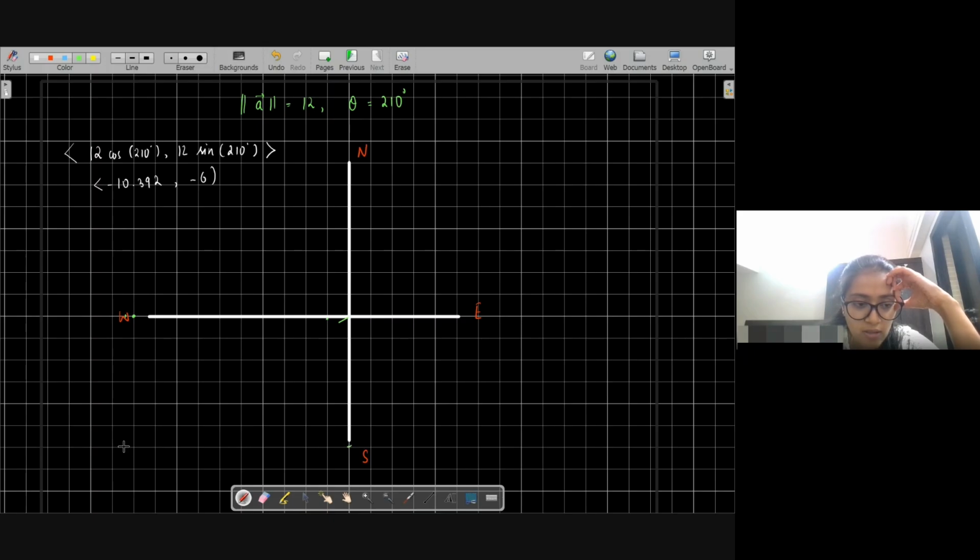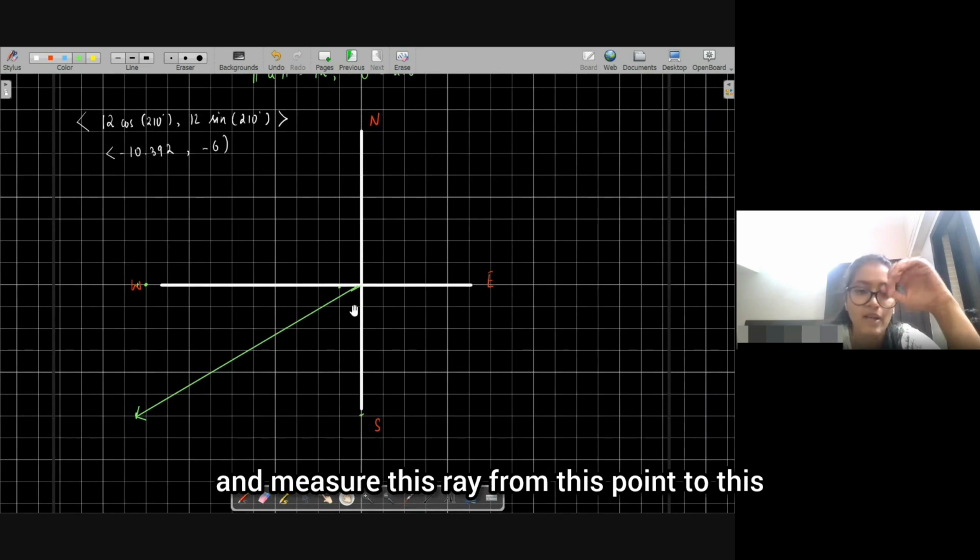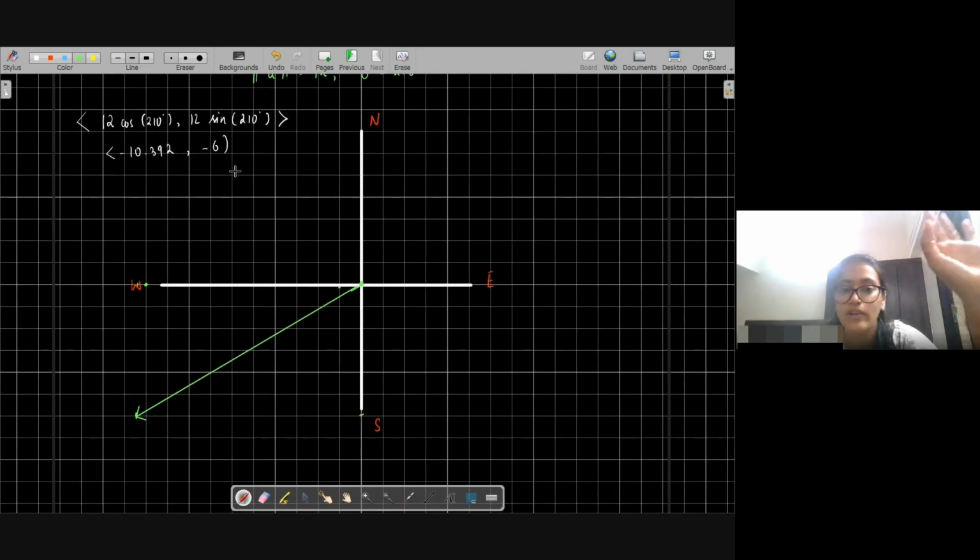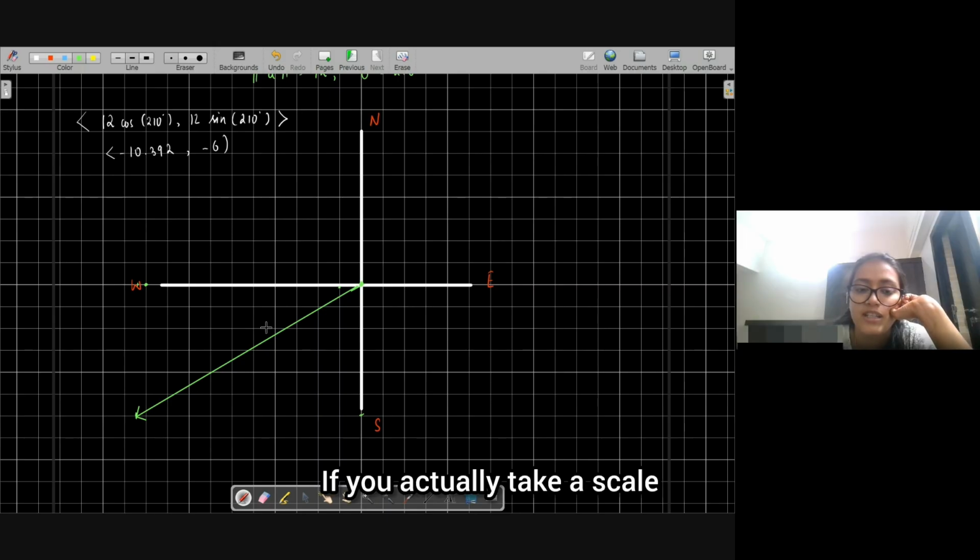So you can now draw the vector. And if you really take a scale and measure this ray from this point to this point, you'll get 12 units.